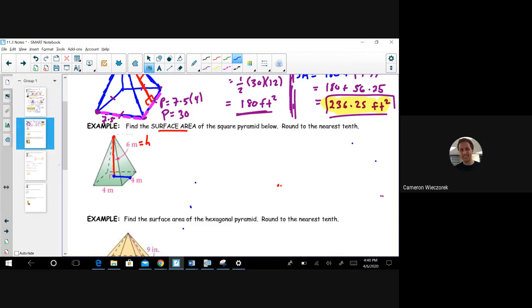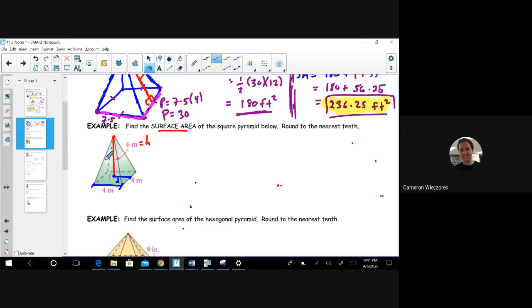What's awesome about a square is the apothem's length is just half the length of the base edge. This whole thing is 4, but I'm only going out to the middle. So if the whole side length of the bottom is 4, that tells me that this apothem is only 2 units long.